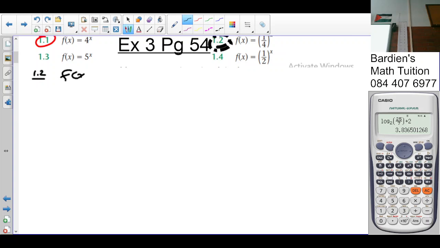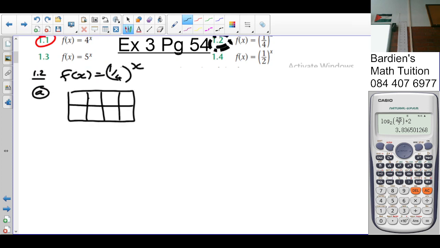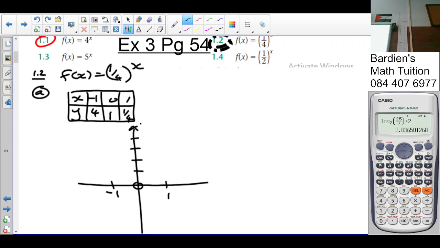You're given f of x is equal to a quarter raised to x. Again, A is to draw the graph. If we draw this graph, the key points are minus 1, 0 and 1 for x, and your y will be 4, 1 and a quarter. That's enough to draw this graph. It's all about the approximation.